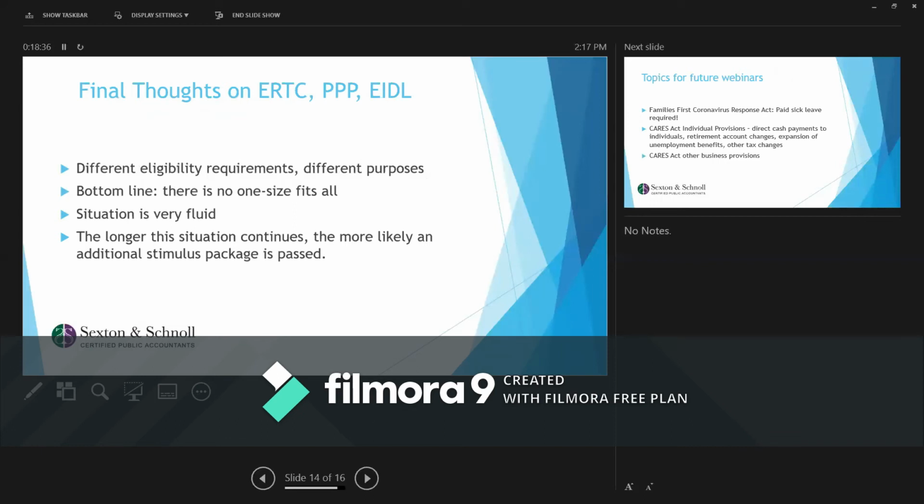Some final thoughts on the ERTC, the PPP, and the EIDL. Understand we've got different eligibility requirements for each program, different purposes. They're all meant to help stabilize the economy and stabilize employment, keep people working, or at least paid to work.